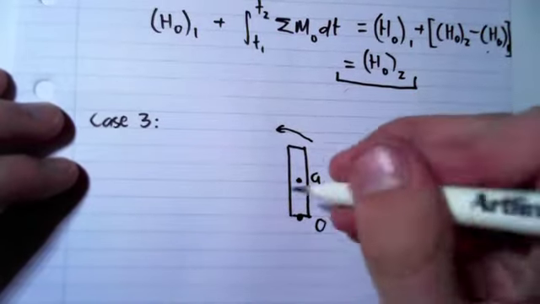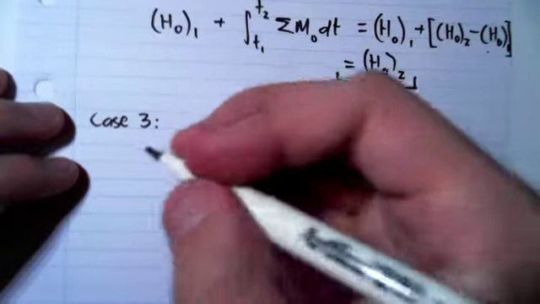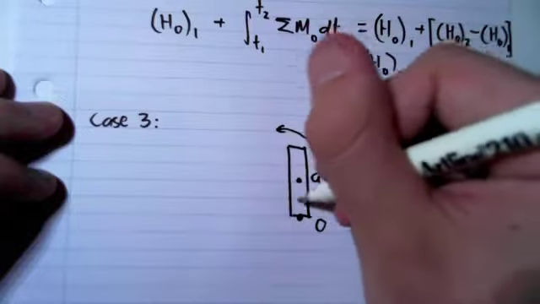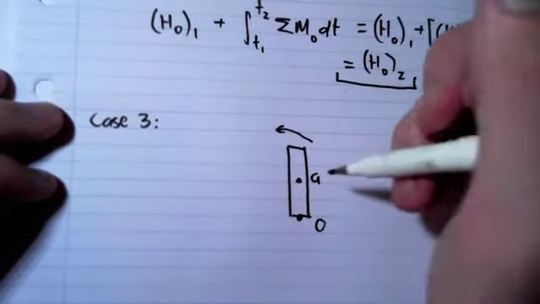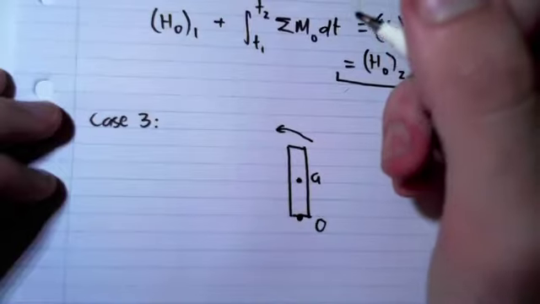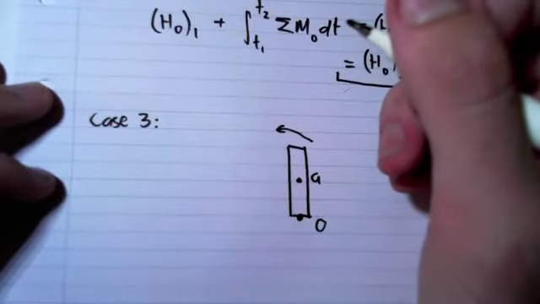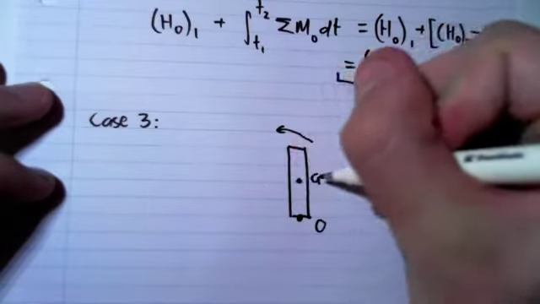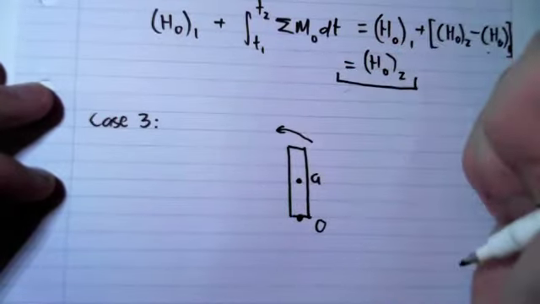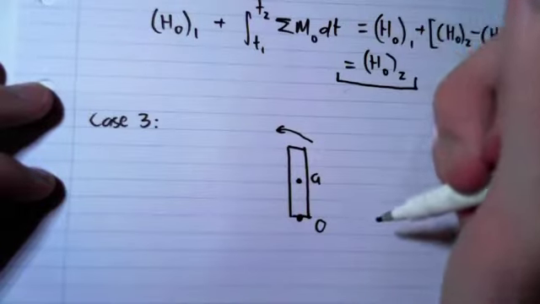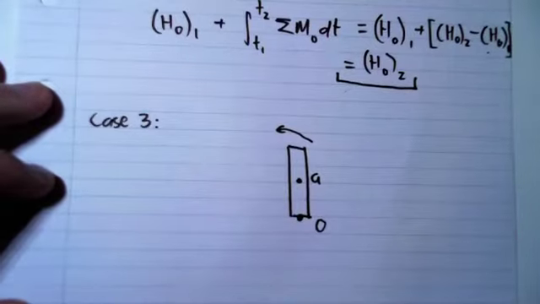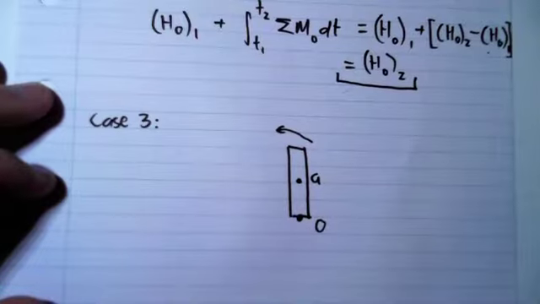As we know from case 1, the angular momentum with just the rotation about the center is I bar omega, and our linear momentum here, which would be instantaneous, is mv. Now v can be represented as r omega if we're converting from linear to angular velocity.